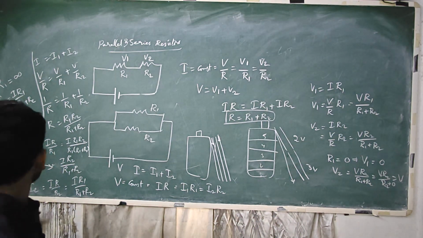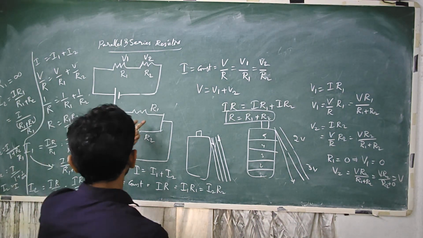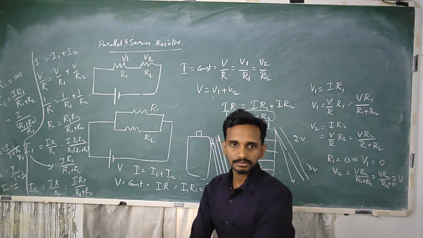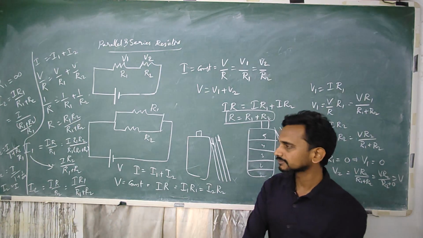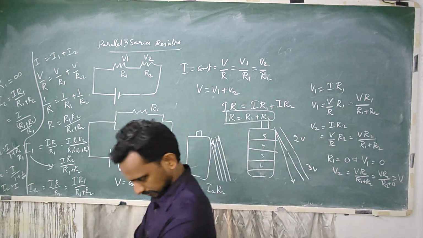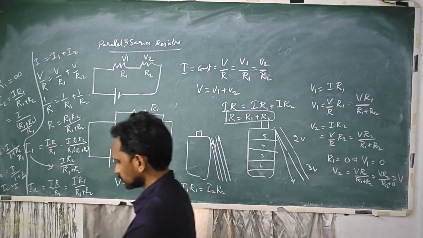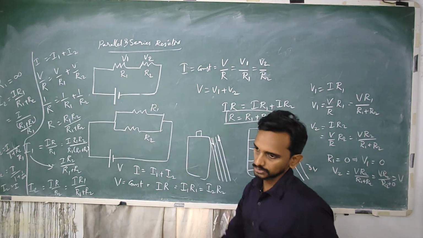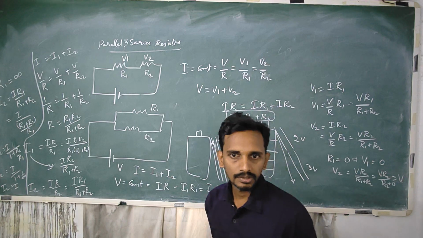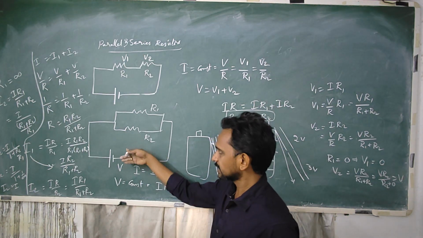The same way, you can substitute R2 to infinity. So when you remove the resistance, the entire current will flow through one resistance only. Voltage is already constant.